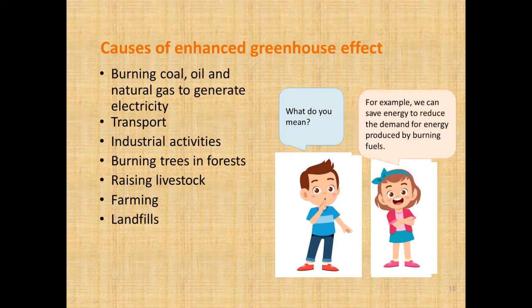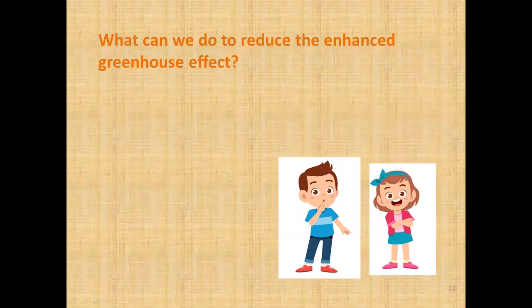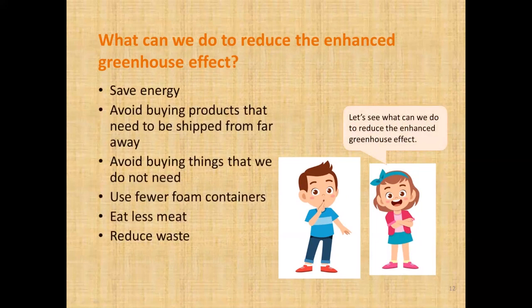For example, we can save energy and stop using too much electricity to help reduce the amount of greenhouse gases. We can also avoid buying products that need to be shipped from far away, because then we don't need the transportation.